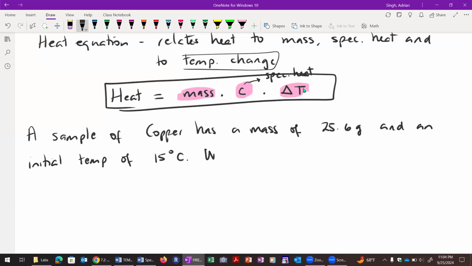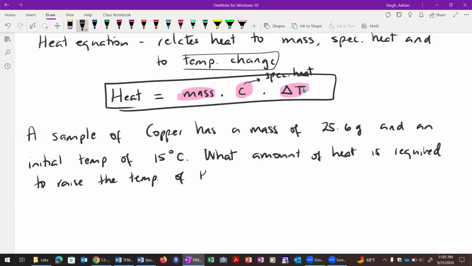And then we're asked what amount of heat is needed or required to raise the temperature of this sample, let's say now, to 79 degrees Celsius.